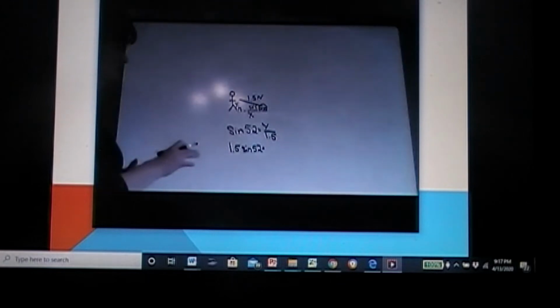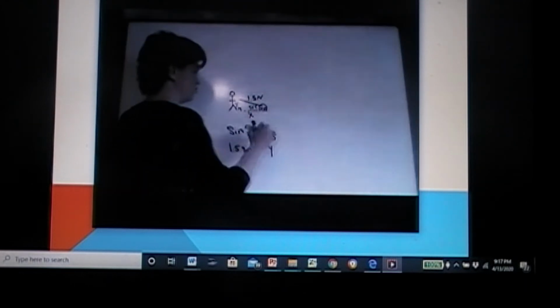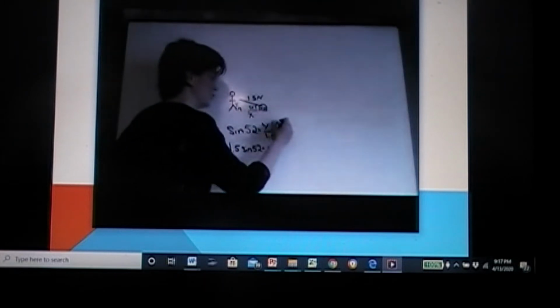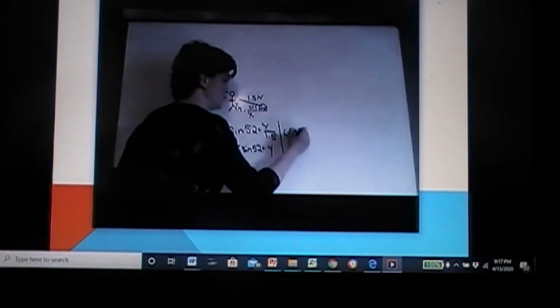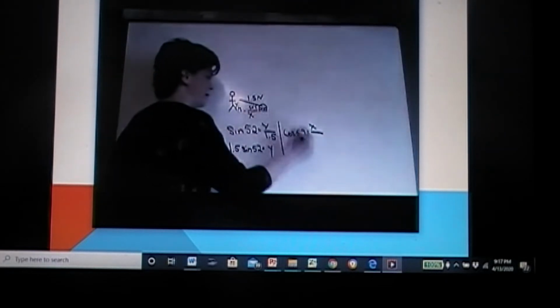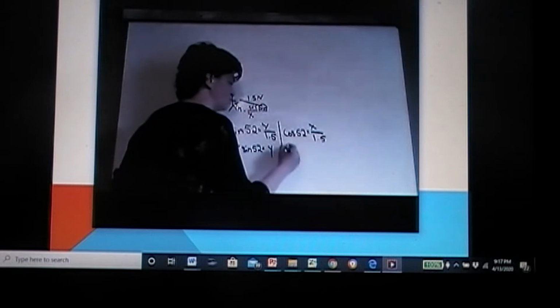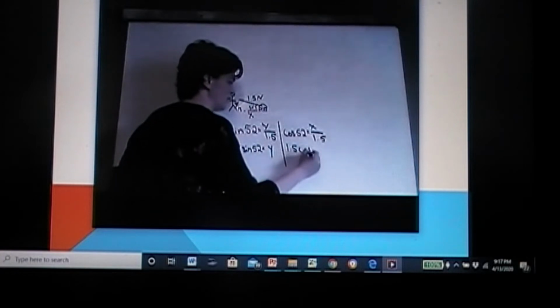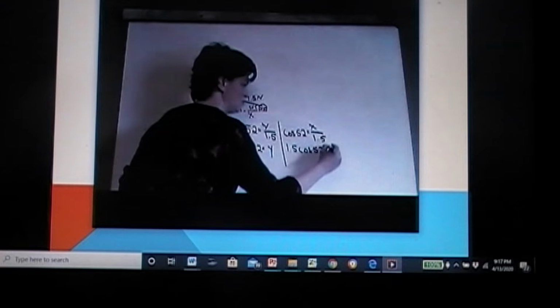I'll use the calculator at the same time. Let's say this would be the y value. And now let's do the x value. Well, that would be adjacent over hypotenuse. So cosine of 52 degrees is equal to adjacent, which is x, over hypotenuse, which is 1.5. So 1.5 cosine 52 is equal to x.